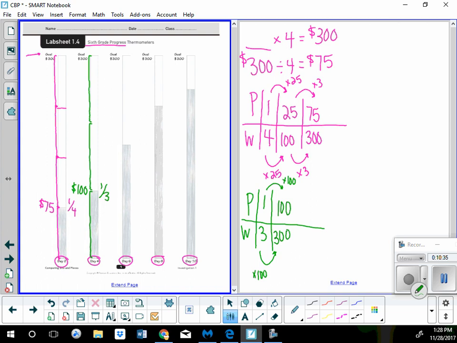Day 8. All right. I heard half and I heard 3/4. I want to make sure that you guys are looking at this one right here. It's not this one right here.